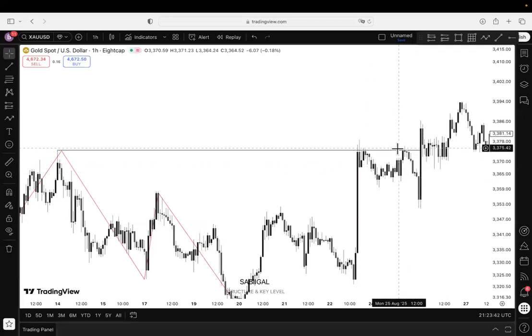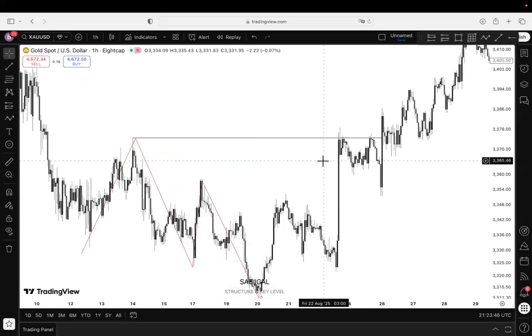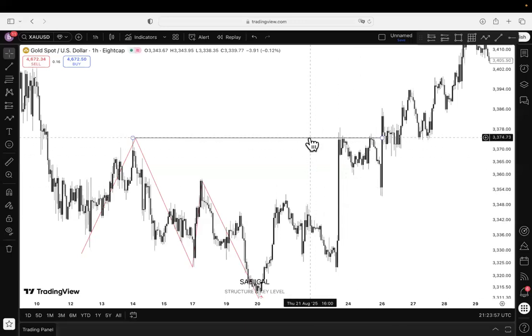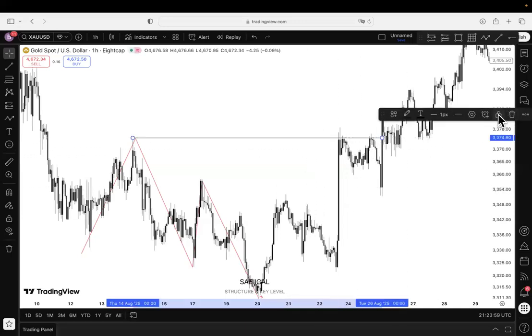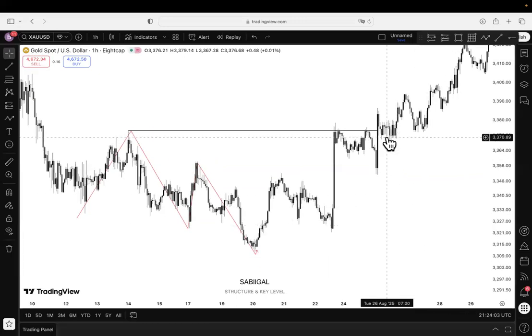When price breaks structure with the body of the candle, it is valid. When it breaks with the wick and no body yet, but a body comes back and closes across it like this, it is now valid. But without that, it is not valid. Now we have this valid change of character.